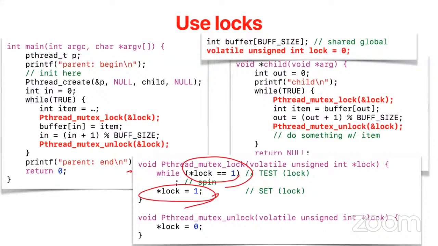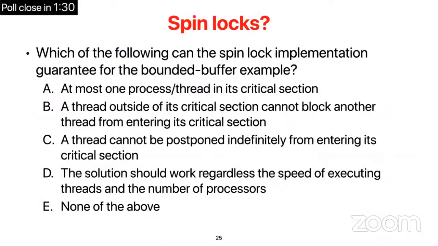Otherwise, your function will be kept in a while loop without doing anything. And when you are done, you just unset the lock. So that's a spin lock solution. A lot of you might already know this is not working, but I want to ask you why this is not working.